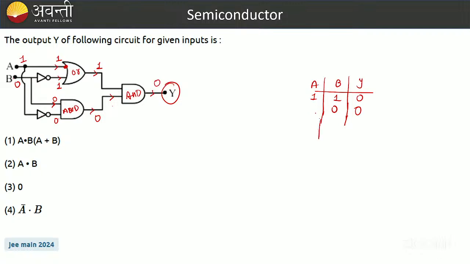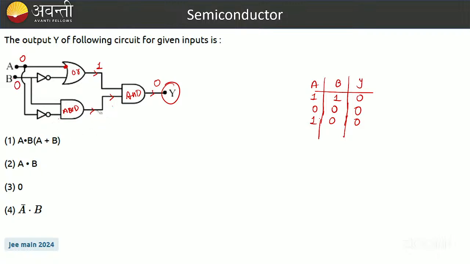Okay, that is for 0, 0. 1 and 0 is 0. 1 and 0 is coming out as 0. Now let's do it for 0 and 0. I think we have done it, I just forgot.